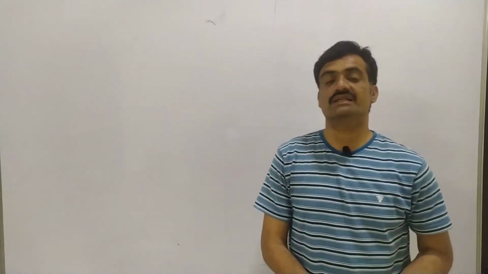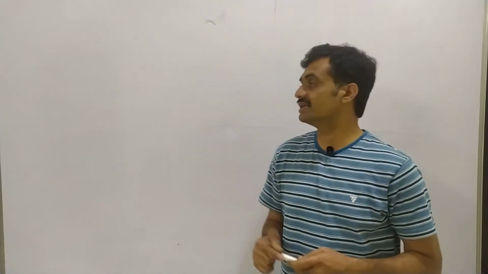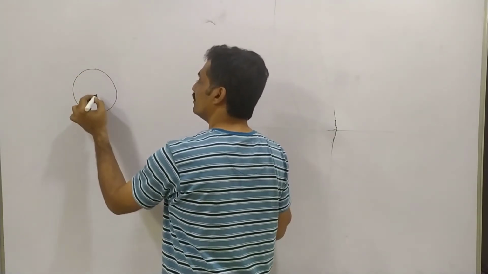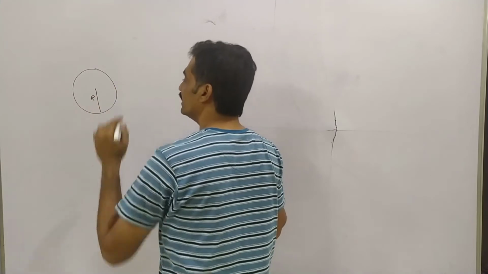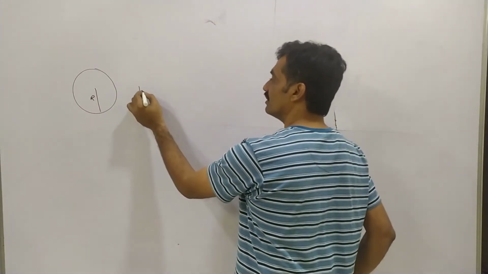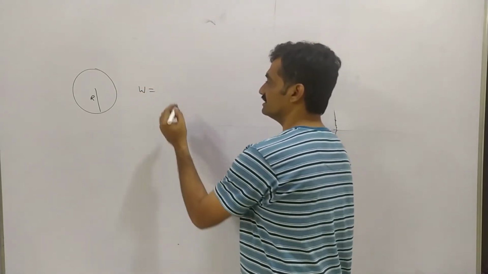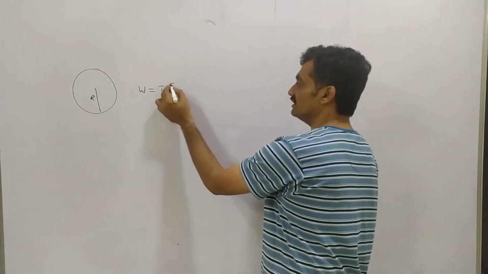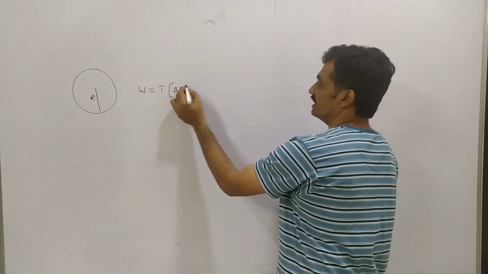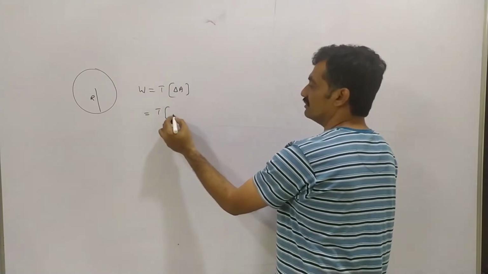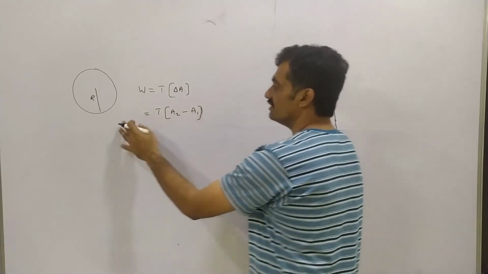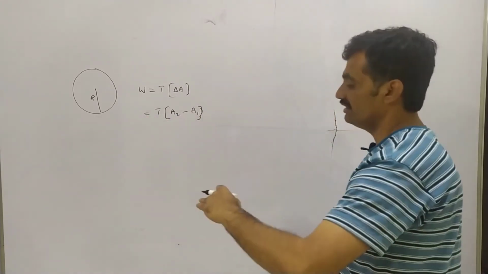Now we are going to represent the amount of work done in different cases. Let us consider we had formed a liquid drop of radius r by doing a work done W. The amount of work done in this case to form a liquid drop is given as W equals T into change in the area, nothing but A2 final area minus initial area, whereas initially the liquid is in the form of a flat surface.